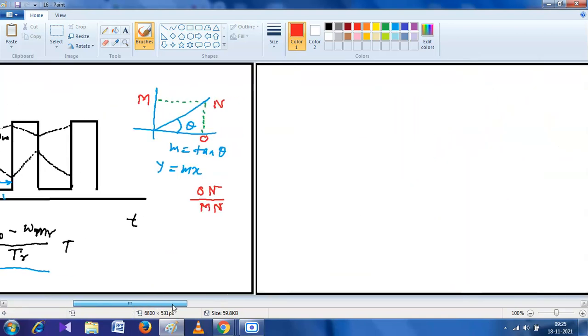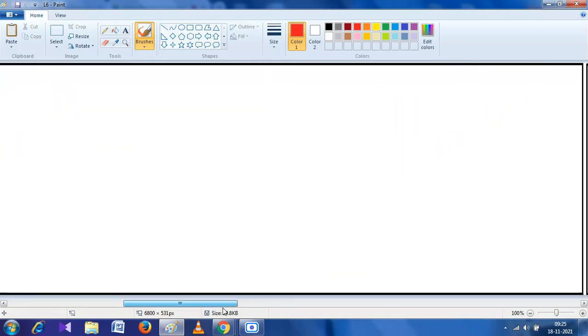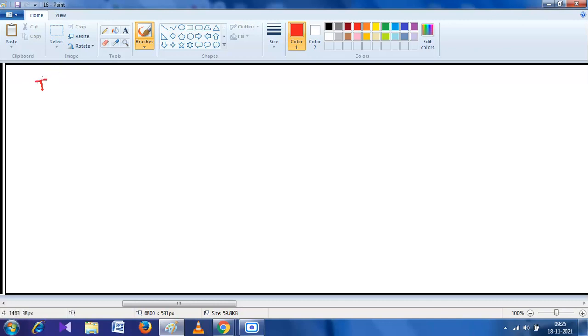Now moving on to the next part. Tell me the fundamental torque equation. T minus TL is equal to J d omega m by dt. Good.